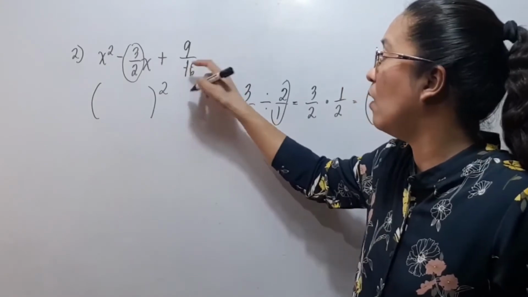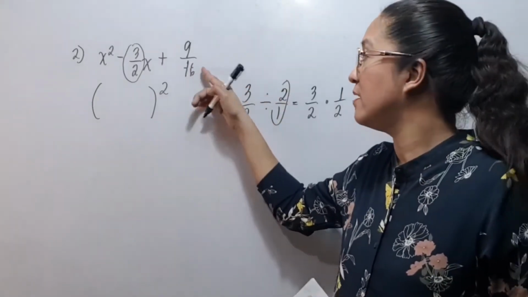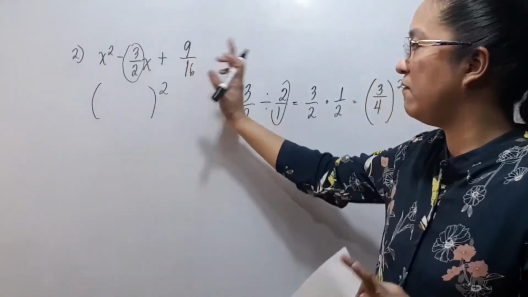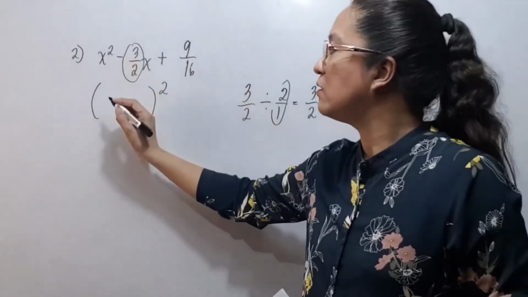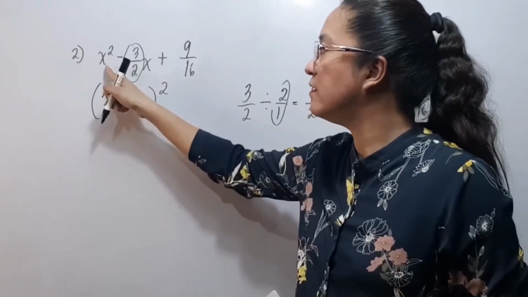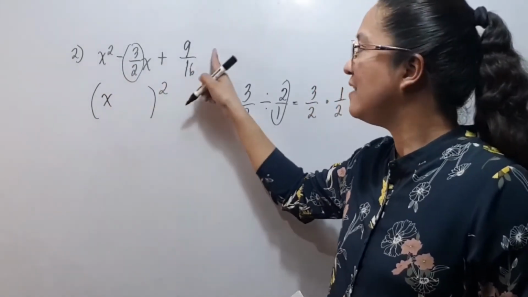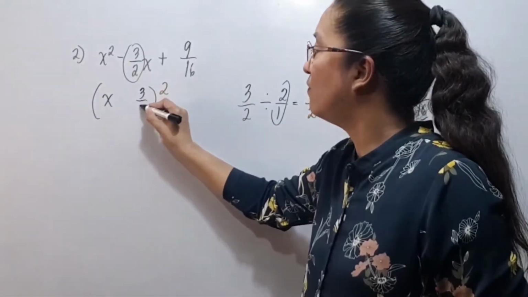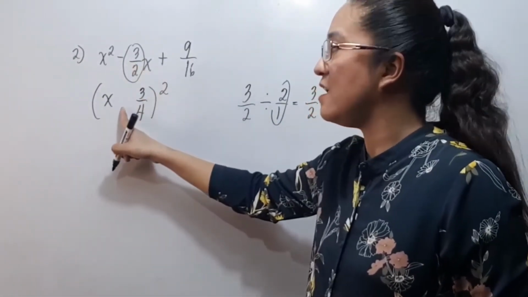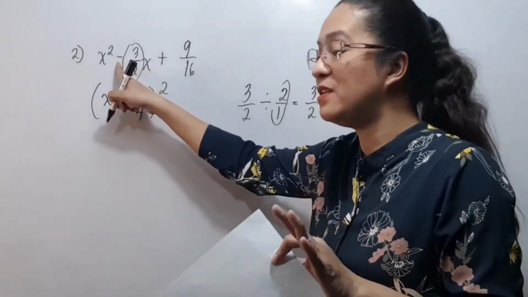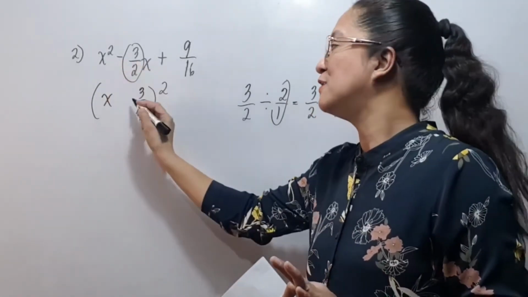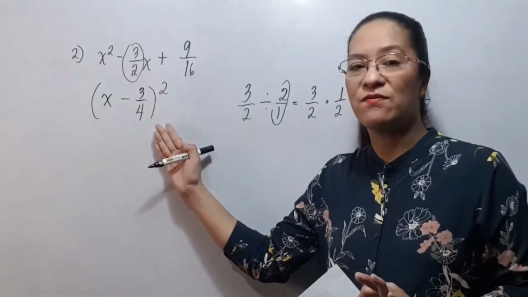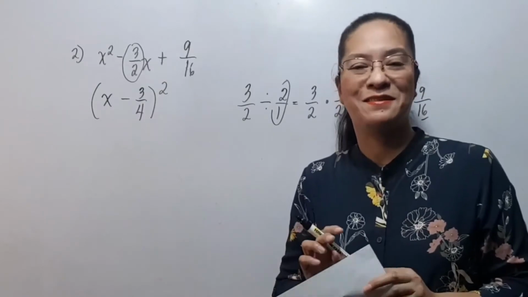And this is now a perfect square trinomial. Okay? Now, anong factors niya? We are going to factor it. So, the factors are the square root of the first term, which is x, and then the square root of the last term, which is 3/4. And the sign here should be the same with the sign of the second term. So, the factors are x minus 3/4 quantity squared.